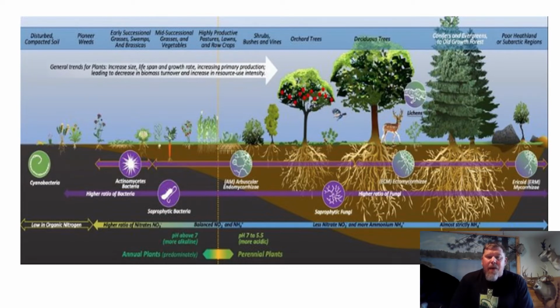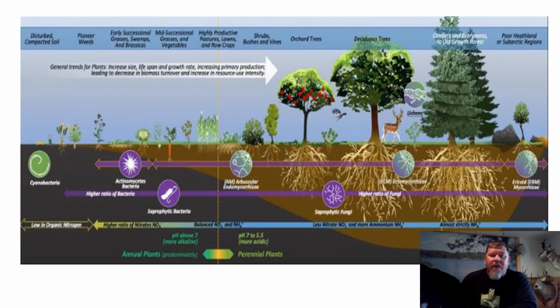Now, as that's happening, slowly over decades, the plant material is left on top of the soil and decomposing, and now we're introducing very small amounts of fungal food, and we can move into some more perennial plants that can deal with a high bacterial percentage but have a little bit of fungal life in there also.